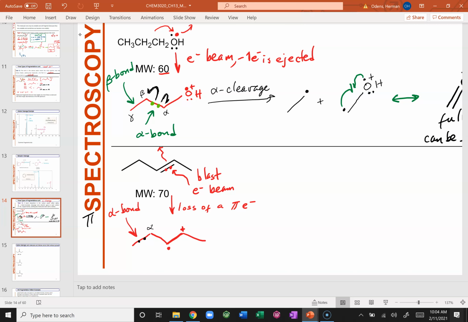For example, here we say that the alpha bond is the one between the alpha and the beta. That's right. But the question I have is, why did they pick this carbon to be more important than, for example, the one with a plus? It baffled me. That's what I was trying to say. But you are right.